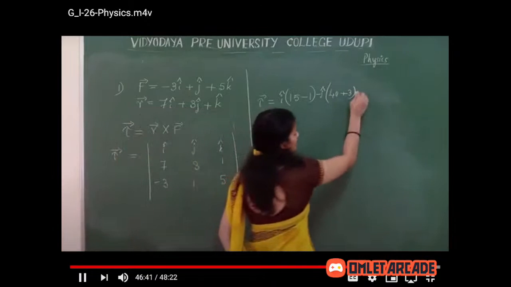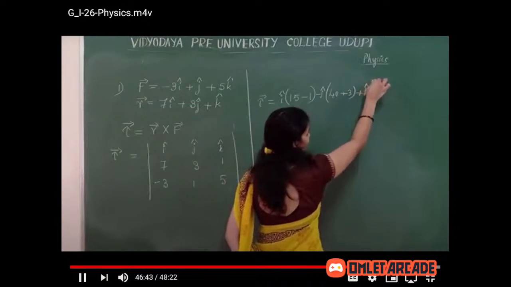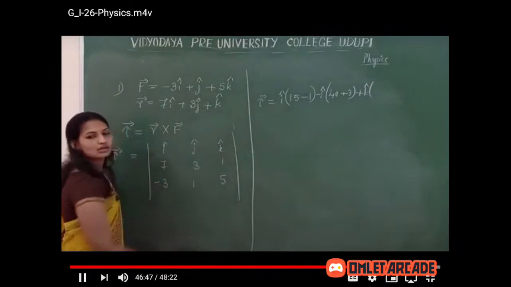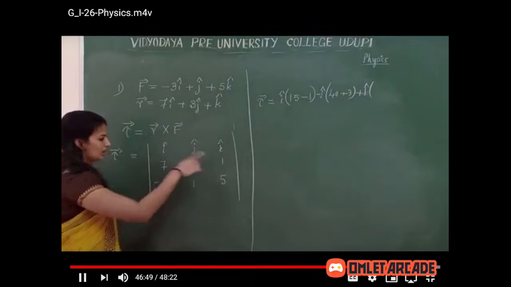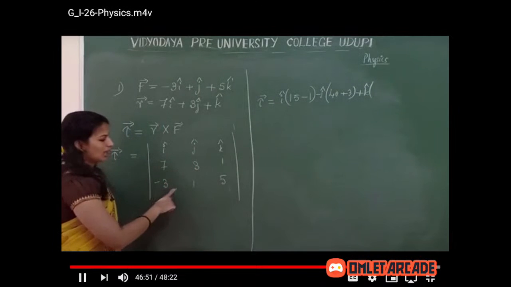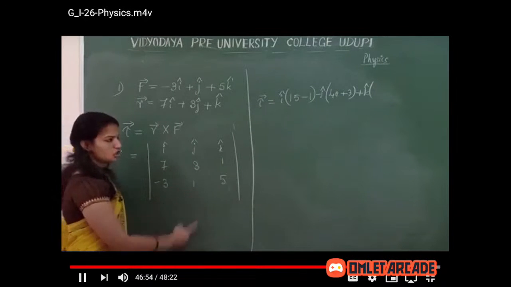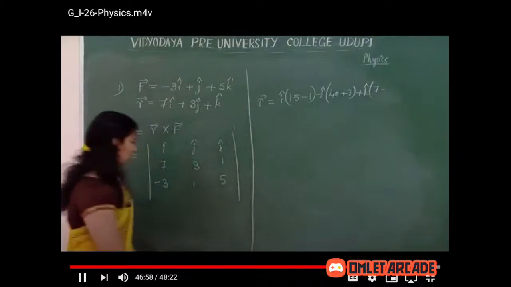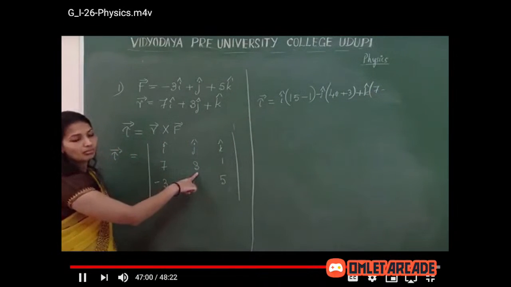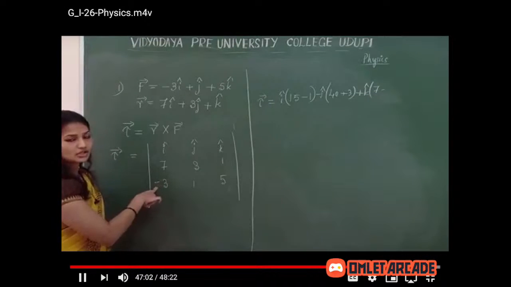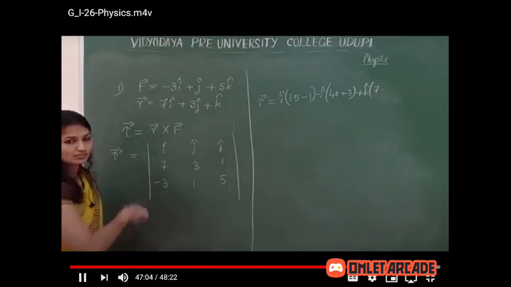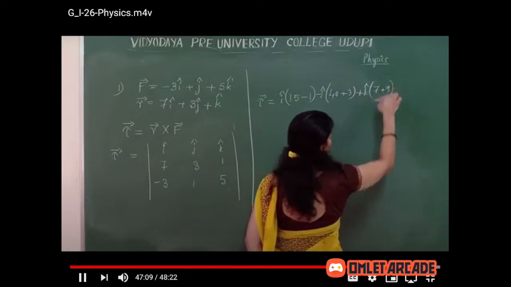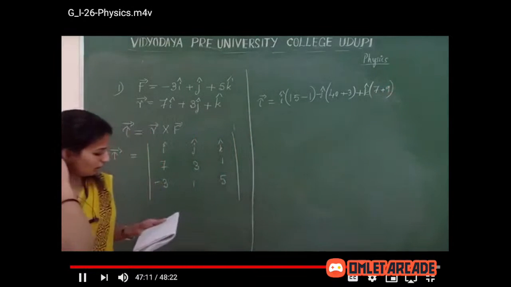Then plus k cap into, leave this column. Remaining is 7, 3, minus 3, 1. 7 into 1 is 7, minus 3 into 3 is 9, but here the value is minus, so with the existing minus it becomes plus 9.